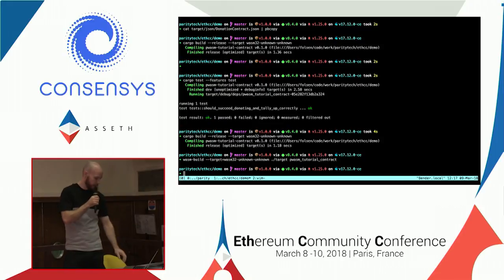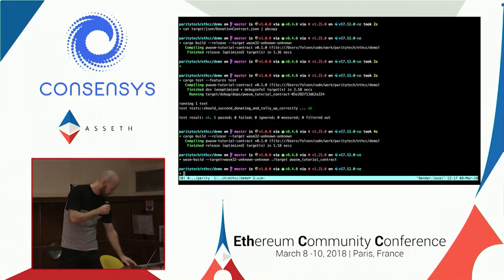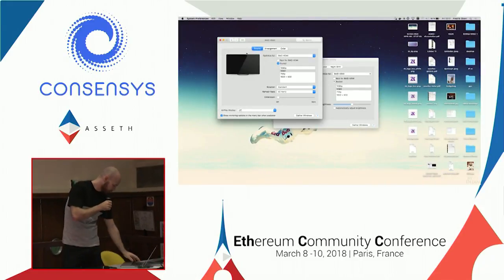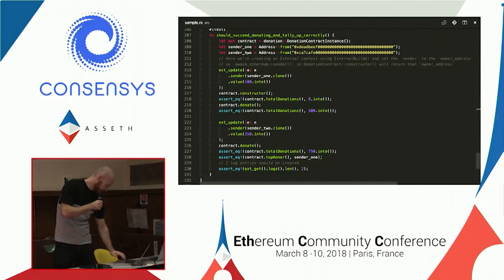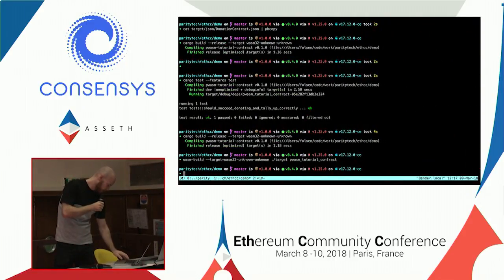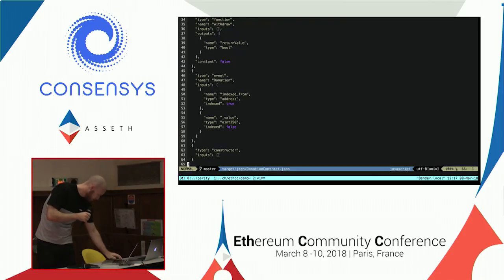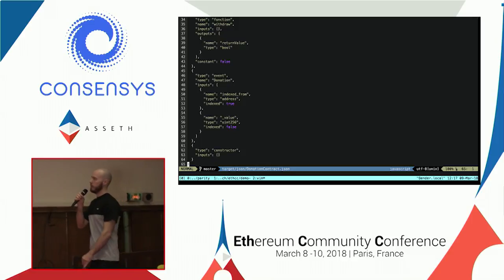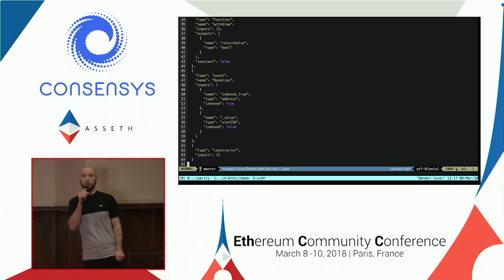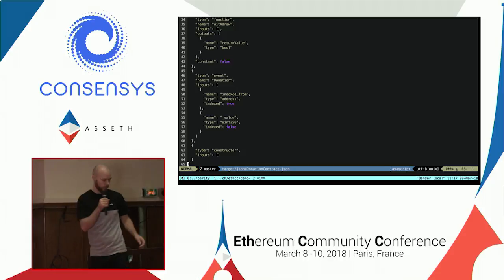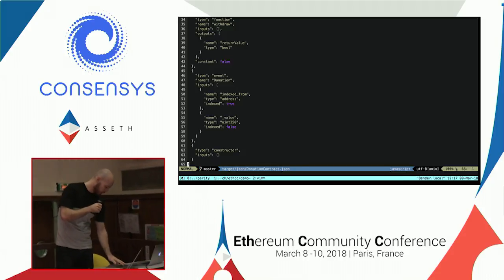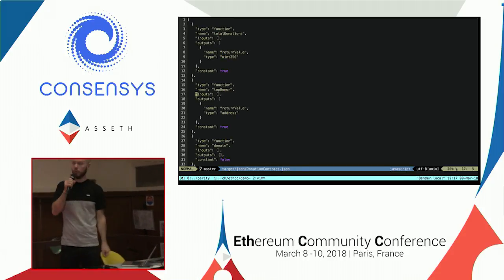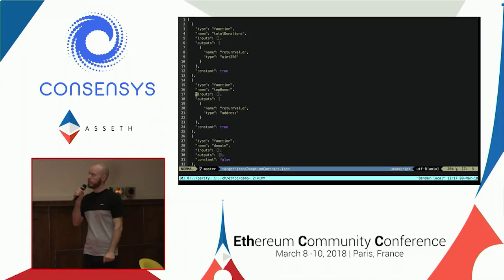So we run that, and we get, I can show new. Here. This is the ABI that's output by compiling the Rust code. It's just a standard ABI. It looks like anything else that you would expect that you would get out of Solidity or anything else.